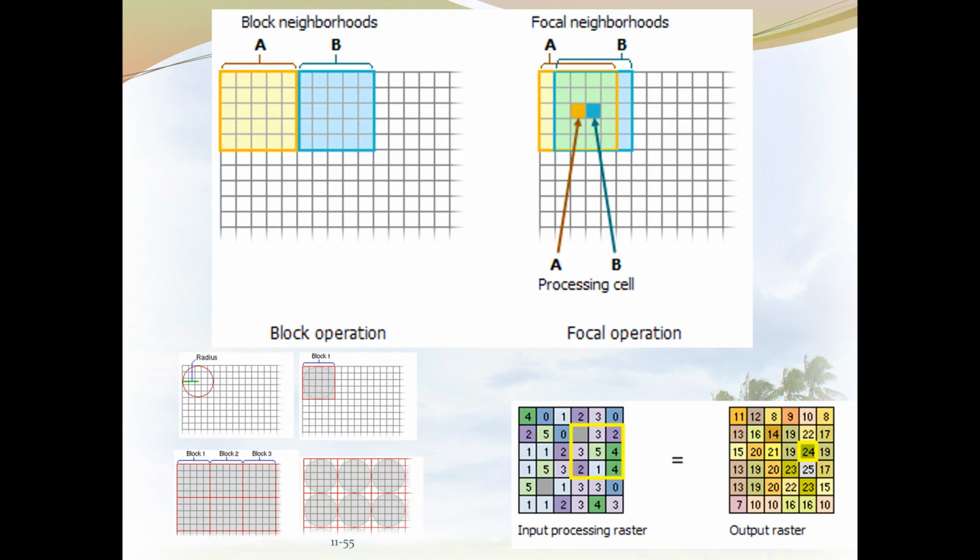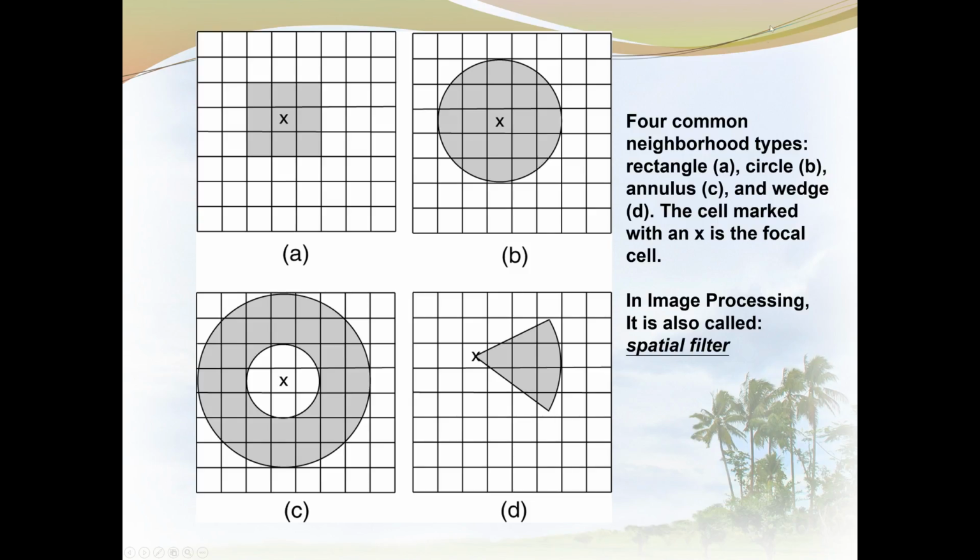Cells that are included for analysis in the block are identified. It calculates the output values for each neighborhood of each block, and the resultant values are assigned to every cell location in the corresponding output blocks. Okay, we can see that from here.